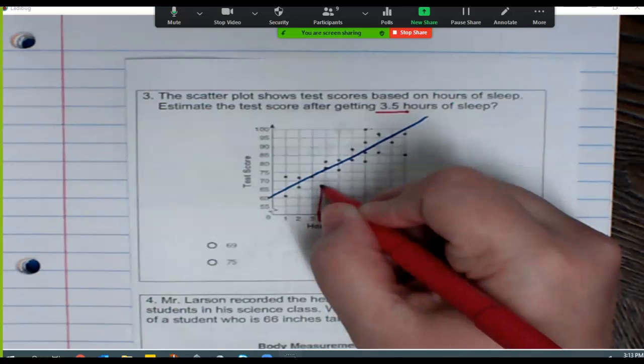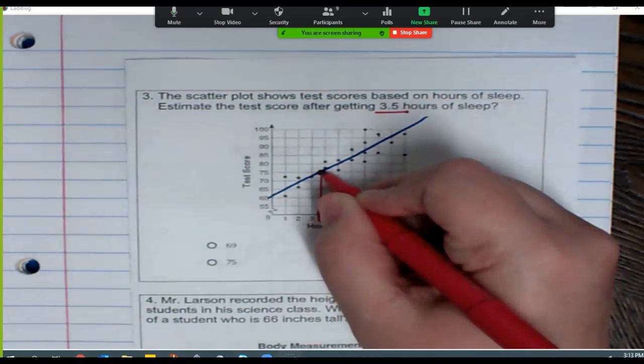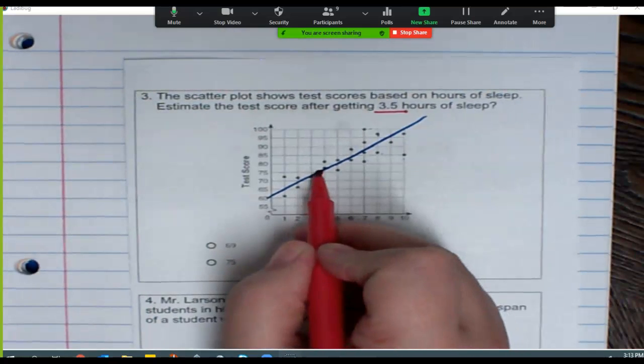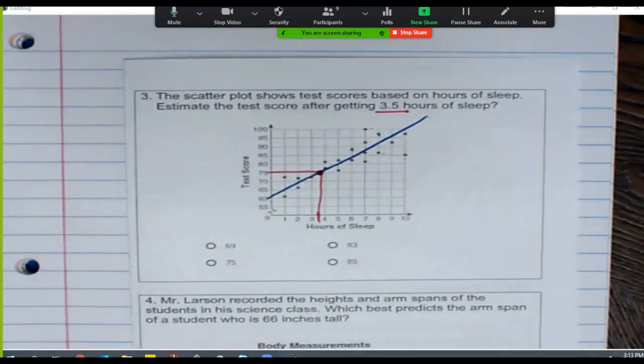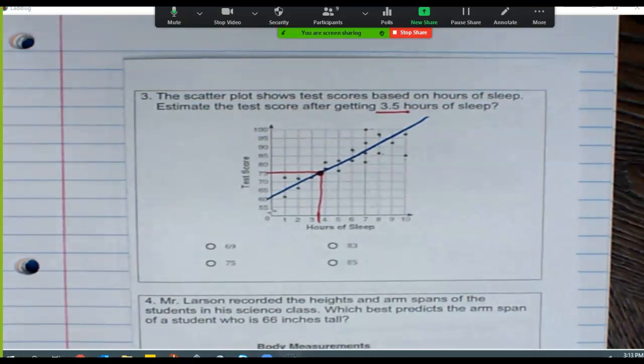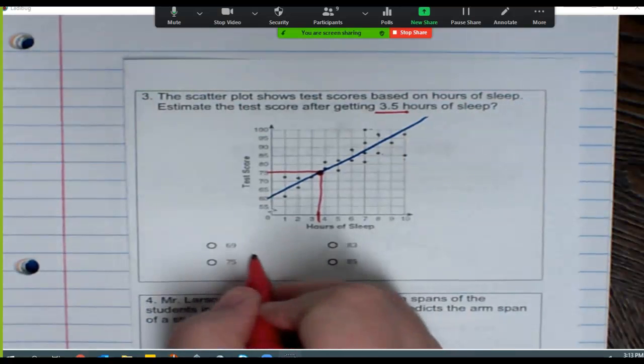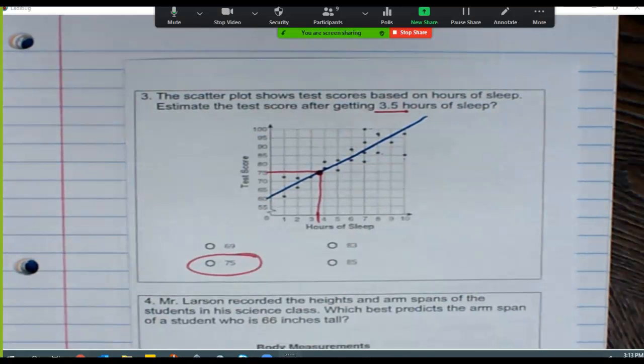Let's go up to the trend line. Where does that match in test scores? 75. Do I have an answer choice that's close to 75? Yeah, 75. You betcha. We have one that's exactly 75. All right, last one.